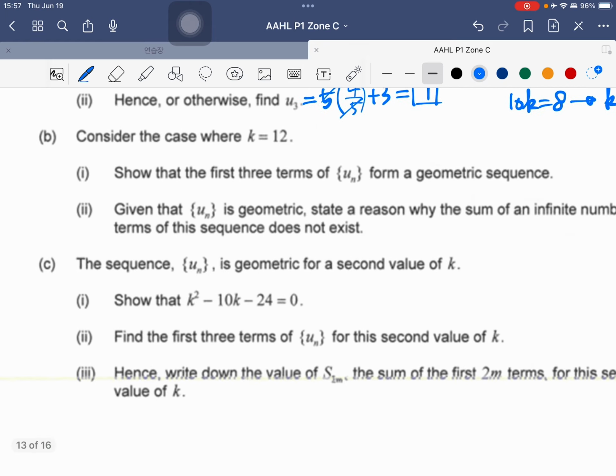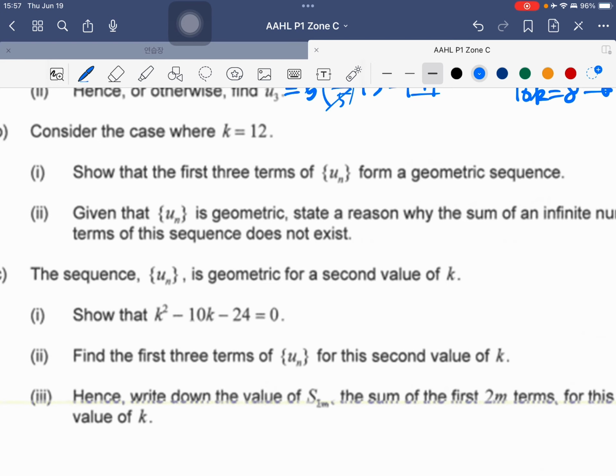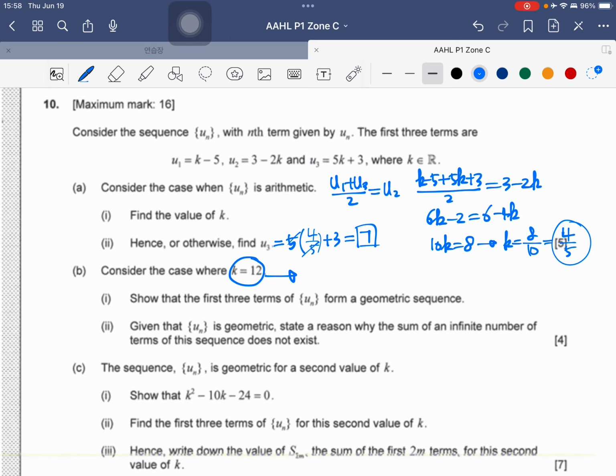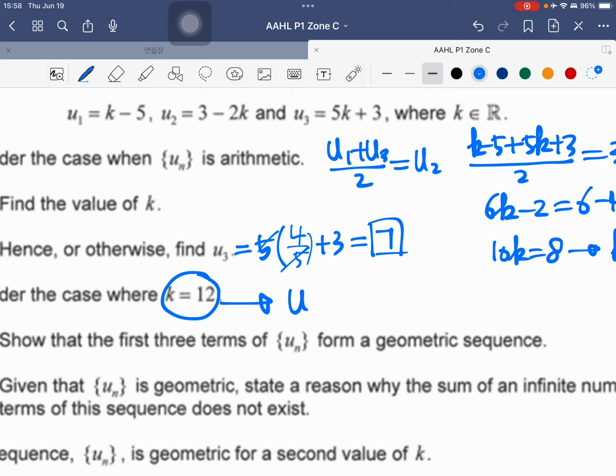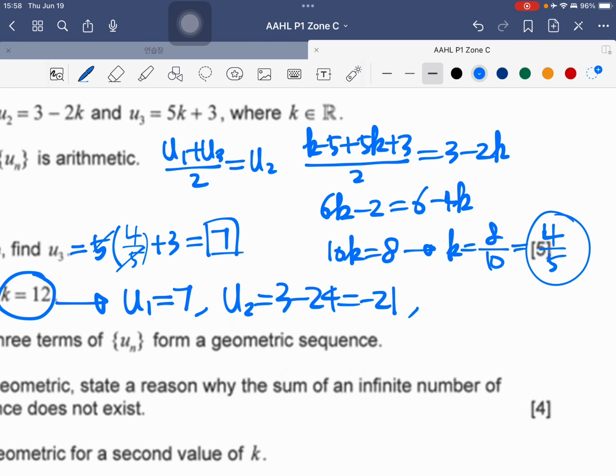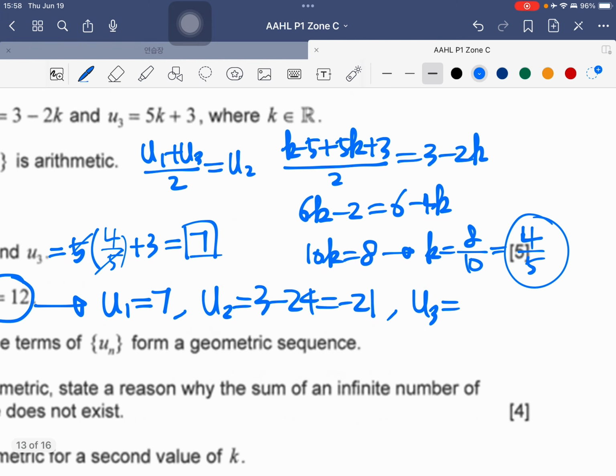Okay, consider the case where k is 12. Show that the first three terms of un form a geometric sequence. When k is 12, we directly plug 12 into the sequence, and then u1 becomes 12 minus 5, which is 7. u2 is 3 minus 2 times 12, which is 24, equals minus 21, and then u3 is 5k plus 3. 5 times 12 is 60, plus 3 is 63.